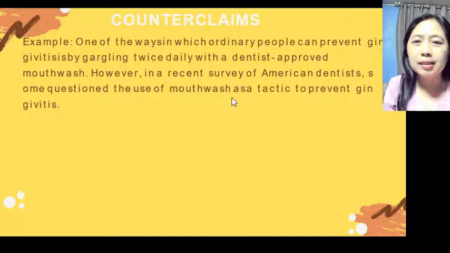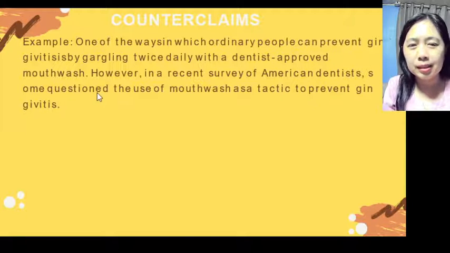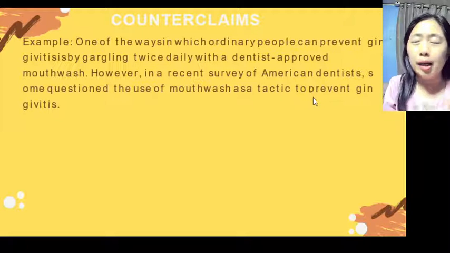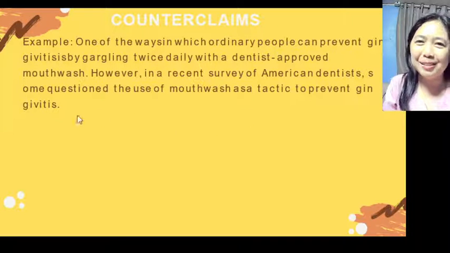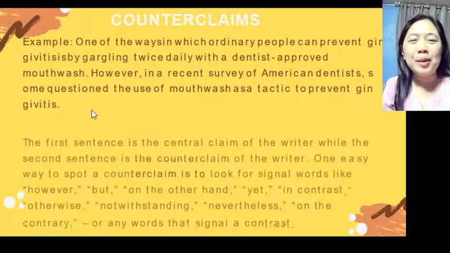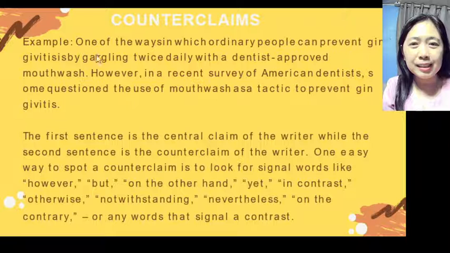However, in a recent survey of American dentists, some questioned the use of mouthwash as a tactic to prevent gingivitis. So here, the first sentence, until mouthwash, is the central claim.